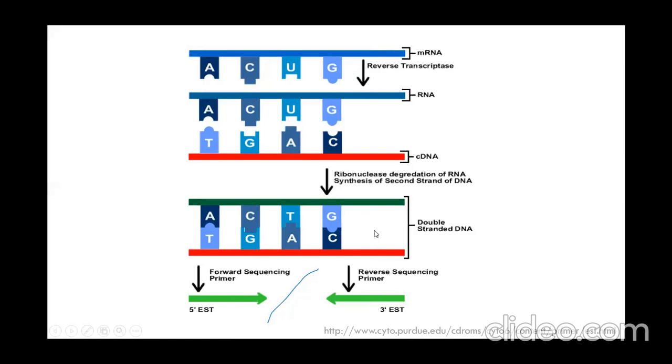Once you get a double-stranded DNA molecule, you can design specific 5' and 3' ESTs, expressed sequence tags. These ESTs help recognize the transcription, or the message of the gene present here. So there are 5' and 3' ESTs you can generate.